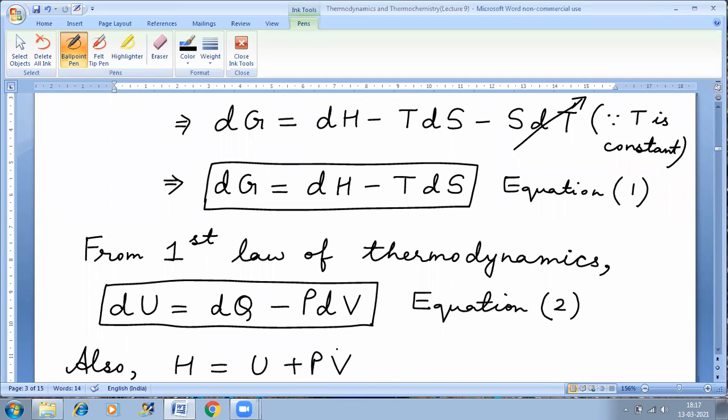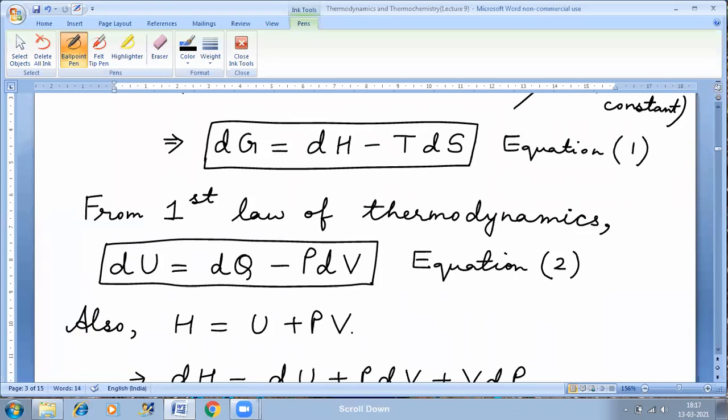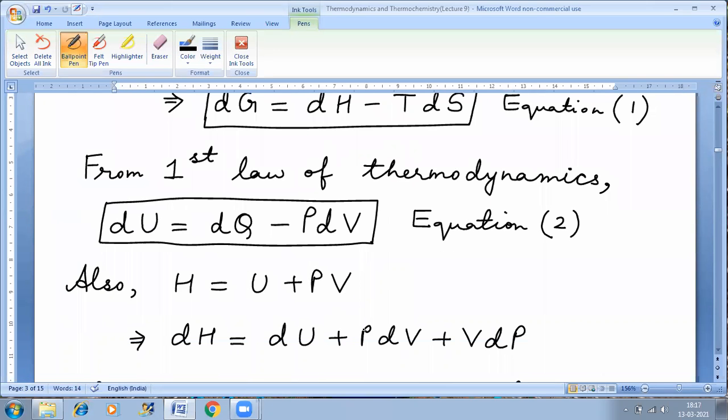Now H is U plus PV. Mathematically, H is equal to U plus PV. Differentiating H on both sides, I'll get dH is equal to dU plus PdV plus VdP.